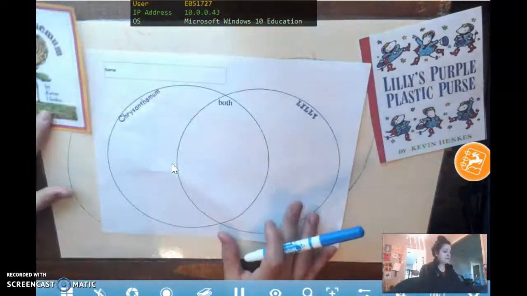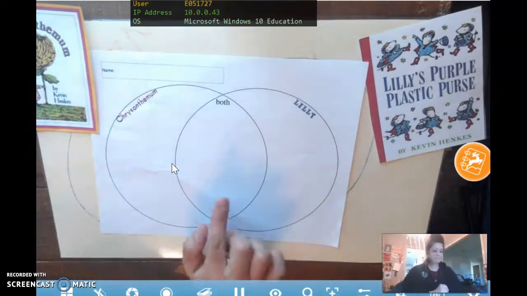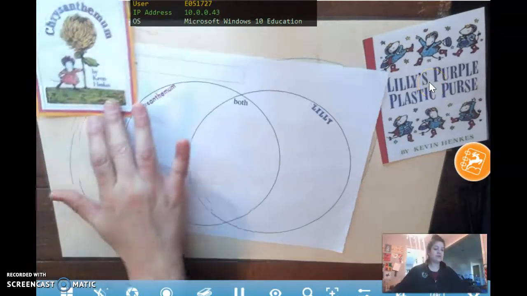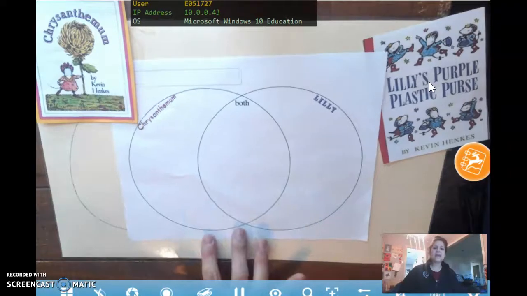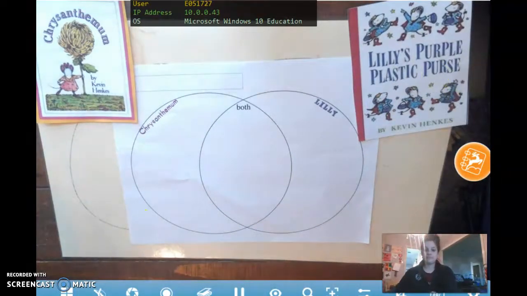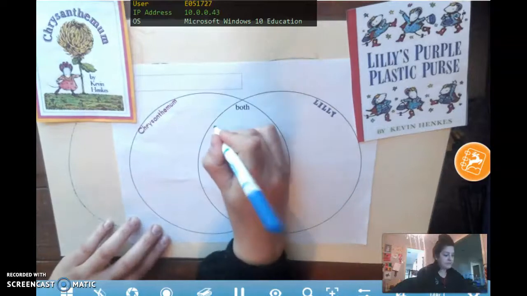All right, so here's my Venn diagram. So first, we're going to talk about how these two characters are alike. What do they have in common? Something they have in common is that they both love school. So I'm going to put that here in the middle.